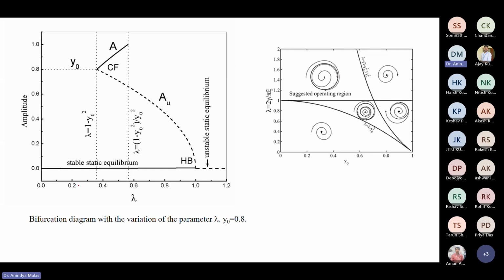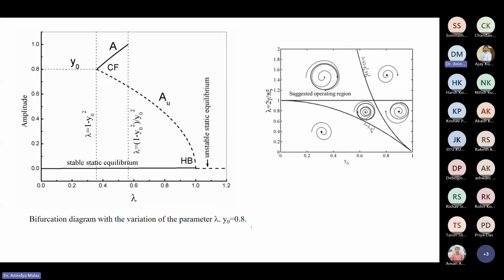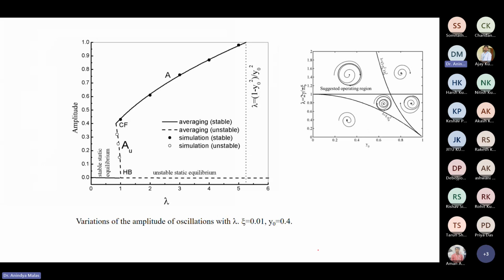That is for another parameter value. The previous one is for y0 equals 0.65, and this one is for y0 equals 0.8. This is also for zeta equals 0.01, and y0 we are reducing.